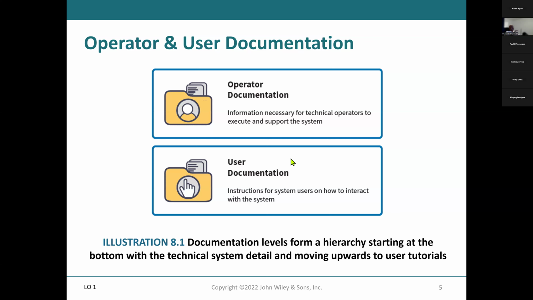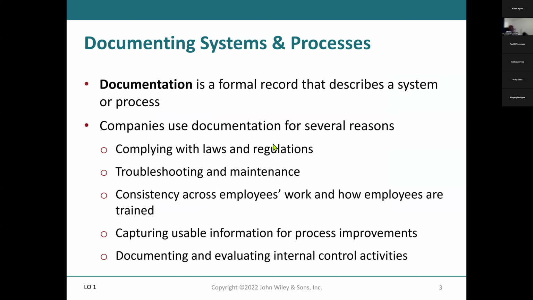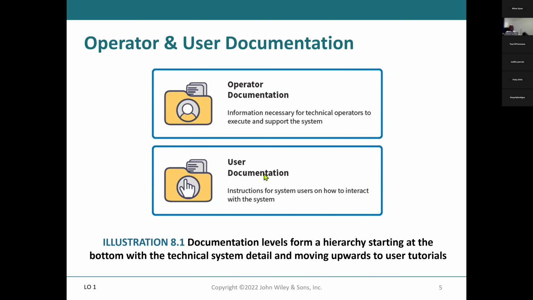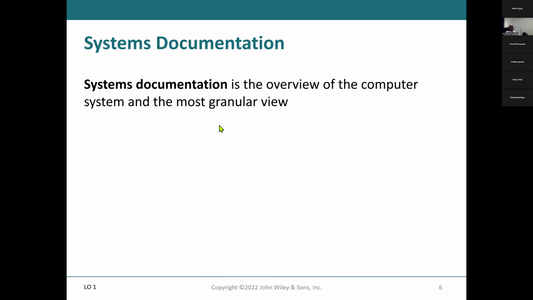So for a legacy system, for a classic system, this makes sense: these four types of documentation: system, program, operator, and user. But I feel at this particular time, this plays less of a role. And again, let's go into all of these in a little bit more detail.